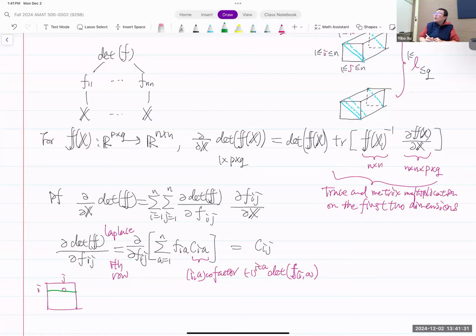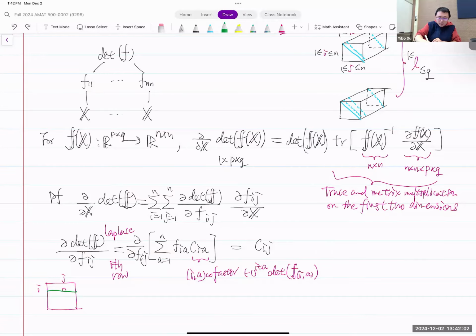So for all the other entries, it will give you zeros as partials. Only at the circled place will you get a 1 as a partial. And of course, those minors that you cancel out, let's say for this entry, you remove this column and this row, so the minor is not changing at all. Okay.